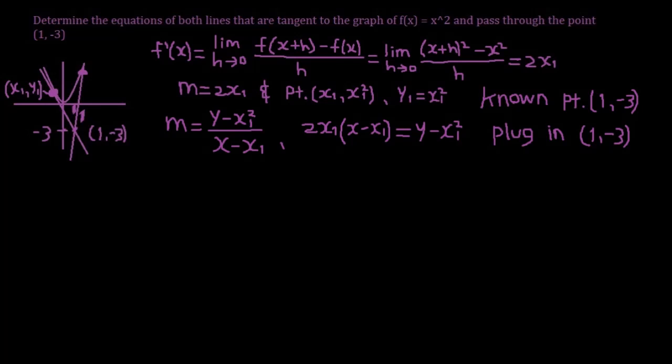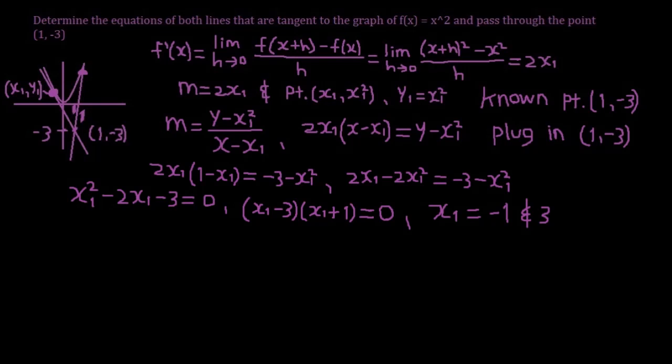Then we manipulate it algebraically, and we get 2x initial times (x minus x initial) equals y minus x initial squared, and then plug in the known x, y value, which is (1, -3).